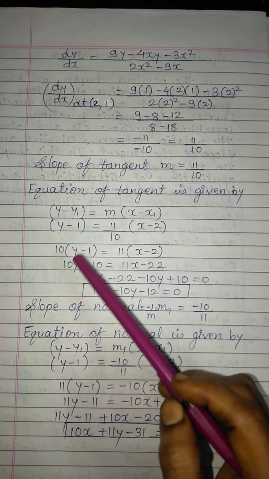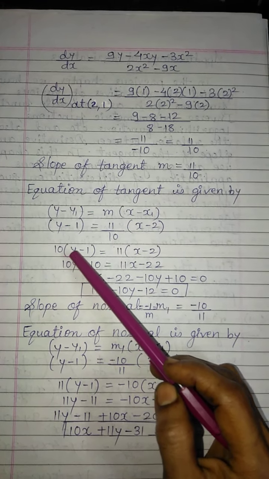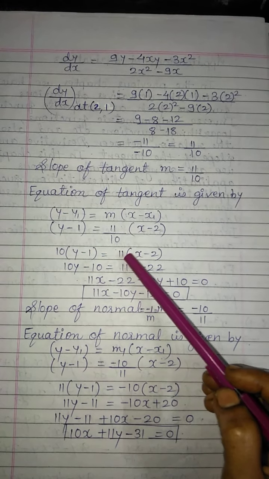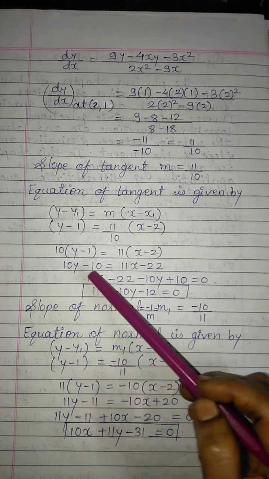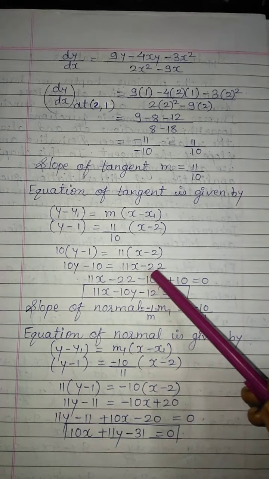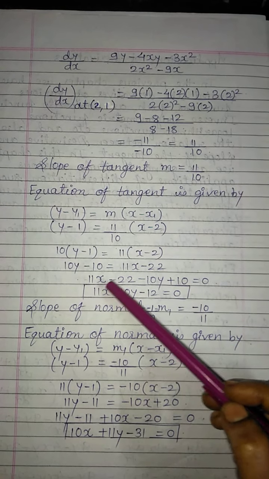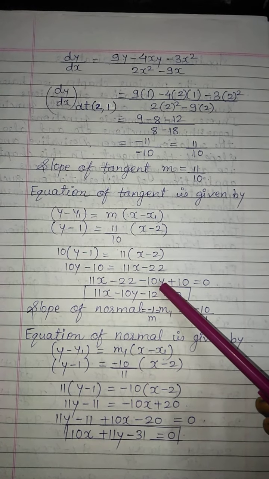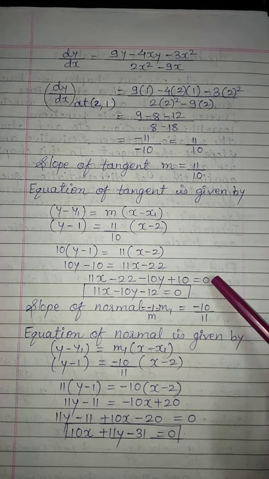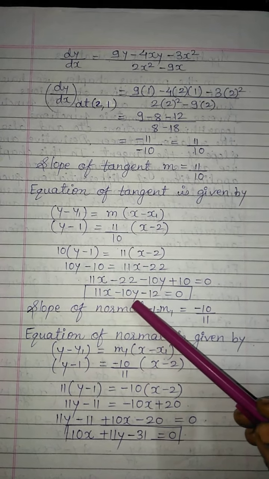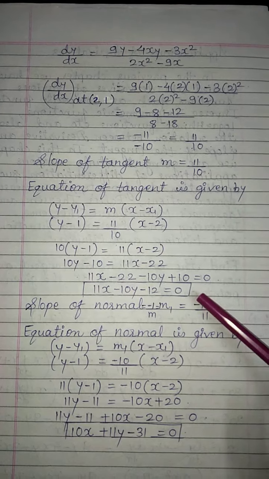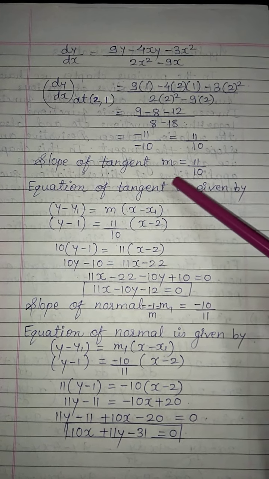Shifting 10 to this side, we will get 10 (y minus 1) is equal to 11 (x minus 2). So 10y minus 10 is equal to 11x minus 22. So 11x minus 22 minus 10y plus 10 is equal to 0. So 11x minus 10y minus 12 is equal to 0. Now this is nothing but the equation of tangent.